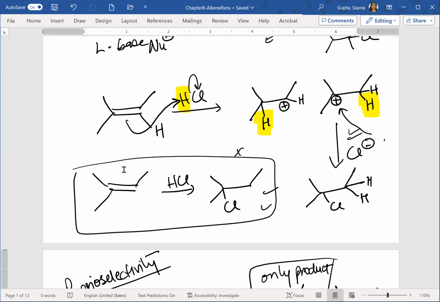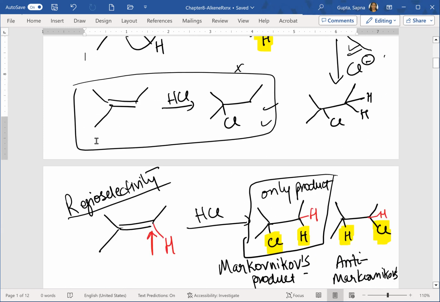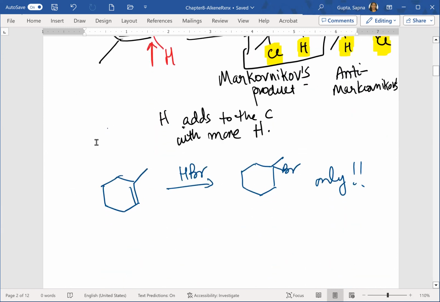It'll be easier for you also. You'll start getting used to the mechanisms. And that is the first reaction, hydrohalogenation, so HCl or HBr, something like that. Any question about this one?